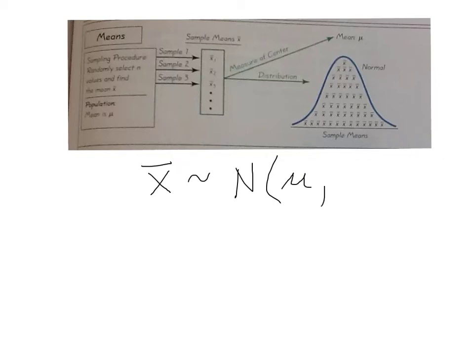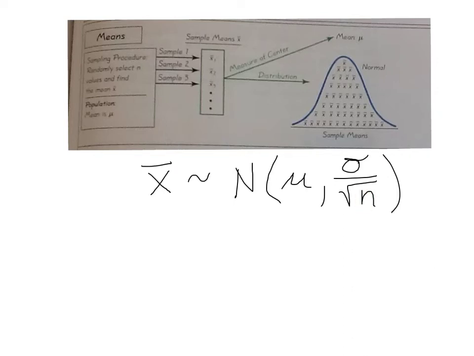If you know the standard deviation of the population is sigma, the standard error of the sampling distribution is going to decrease depending on what your n is, and your standard error for your sampling distribution is sigma over the square root of n.